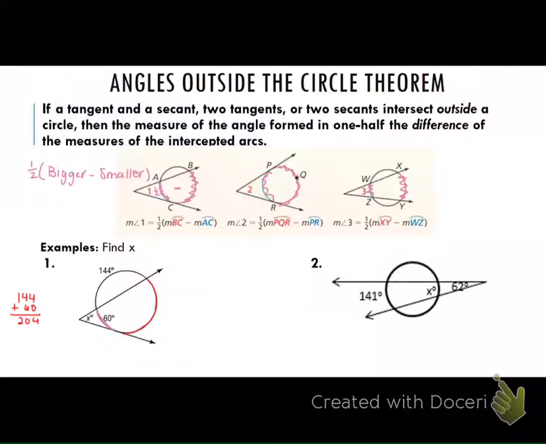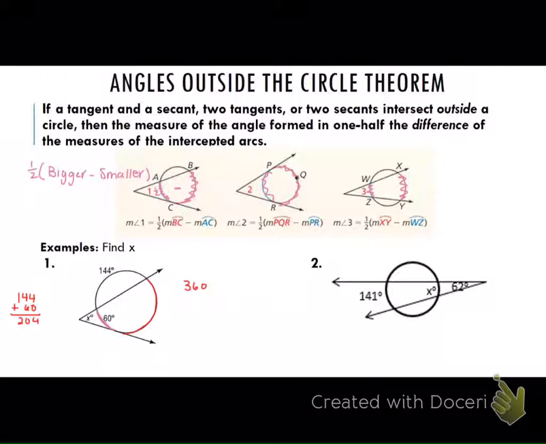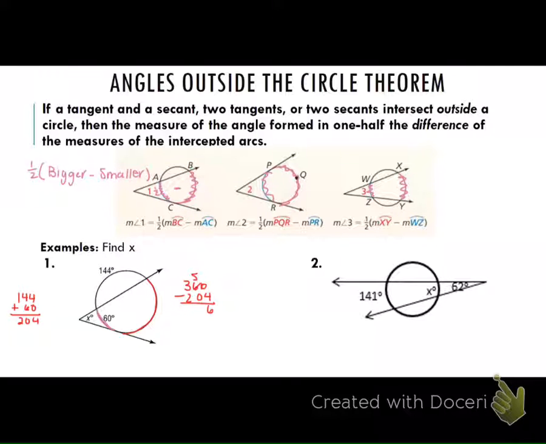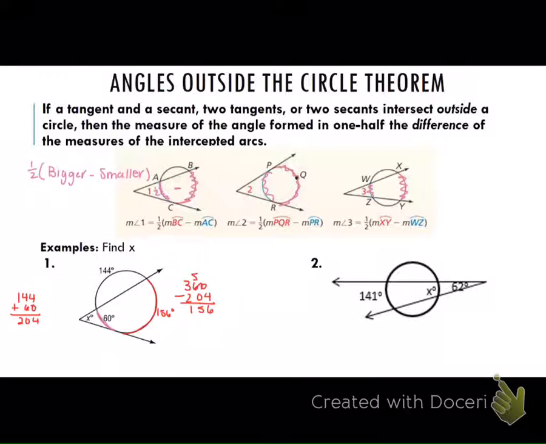So far we have 204 degrees of the circle, right? So to get this arc, we'll do 360 minus 204. So this arc here is 156.